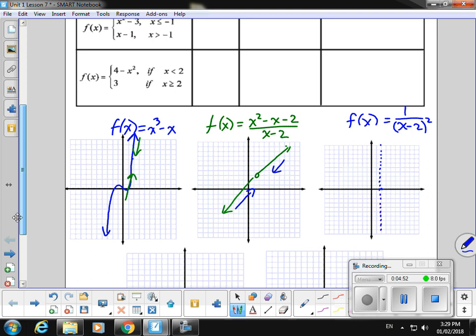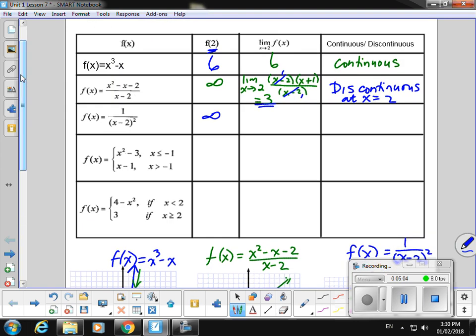This function, however, swoops up from both directions. So it is hard to discuss limits. Is that limit infinity? Or does it never get there? Or possibly no limit? Discontinuous.